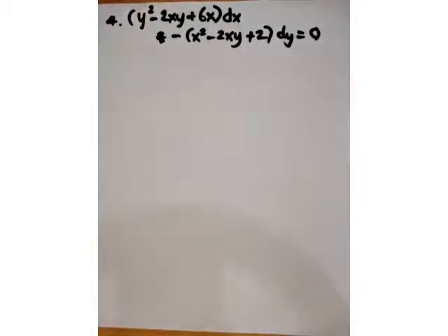Is that exact or non-exact? Let's start the poll. That's y squared minus 2xy plus 6x dx minus x squared minus 2xy plus 2.